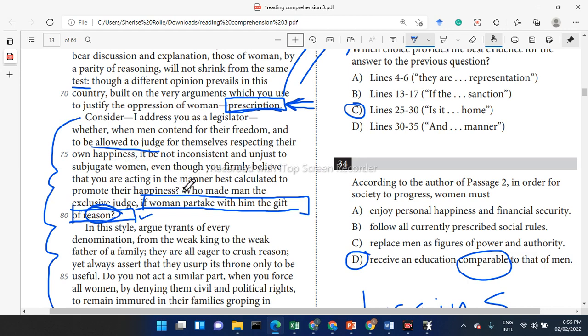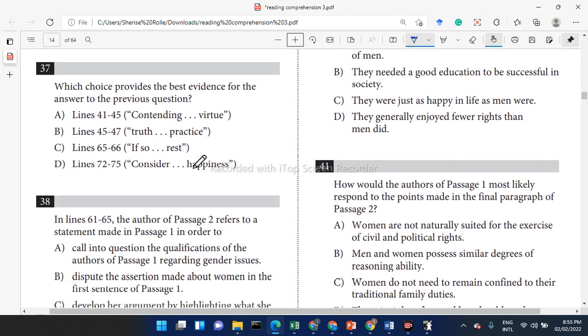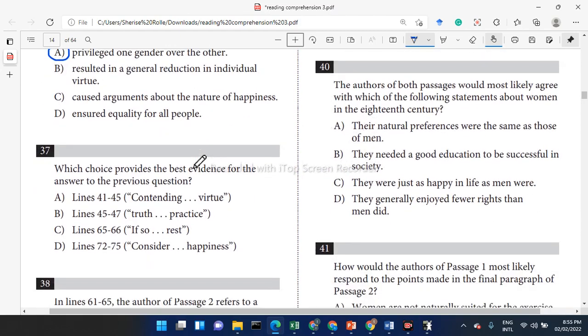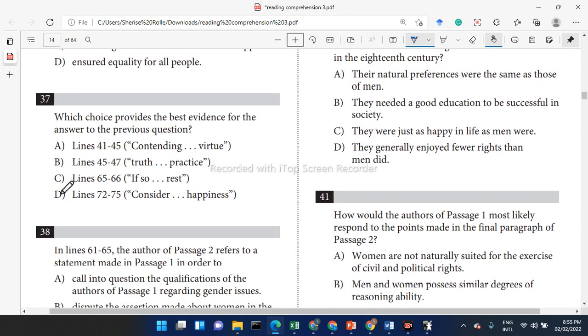This is where she said right there, from line 72 to 75. So she really hit on that. She's saying that they are contending for their own happiness. So the correct answer here would be D.